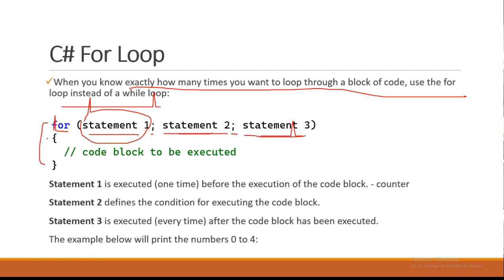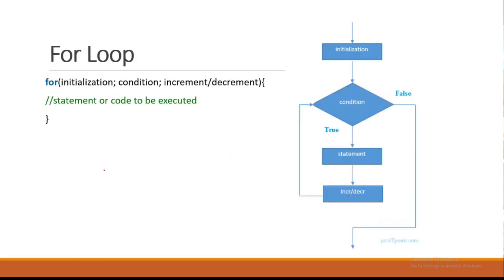And if the condition is true, then the block of code between curly braces will be executed. We can also show it like this: the for keyword, initialization, condition for the counter, increment or decrement, and then this block of code to be executed between curly braces.